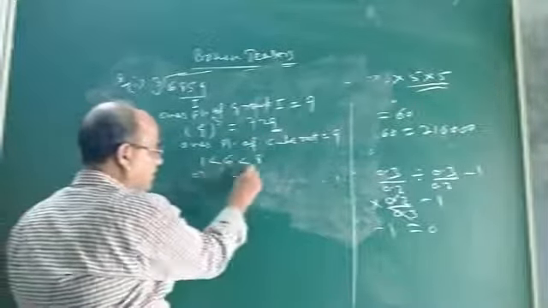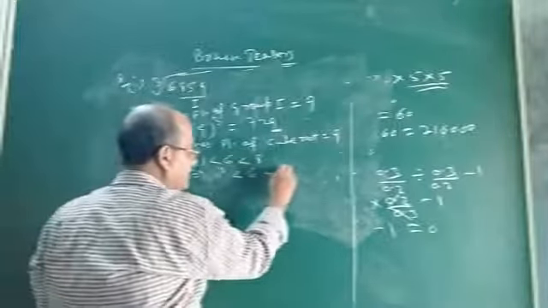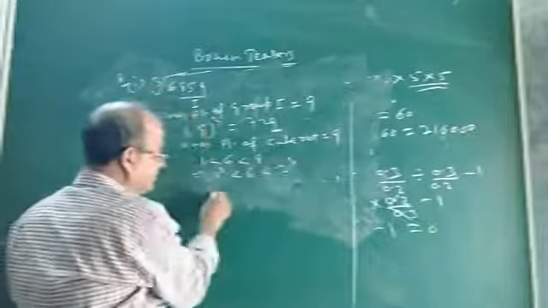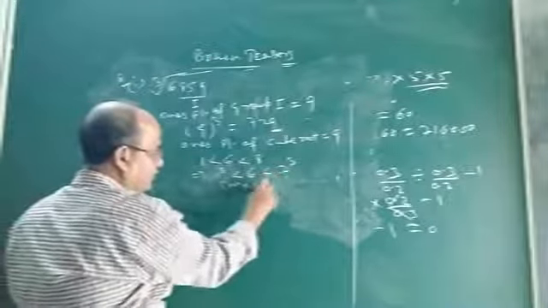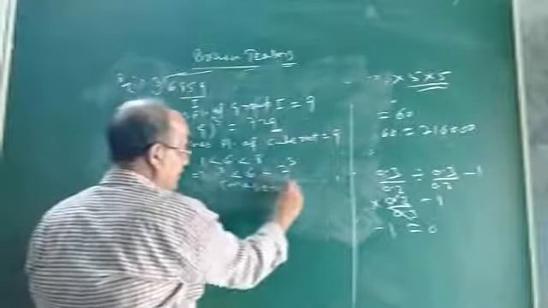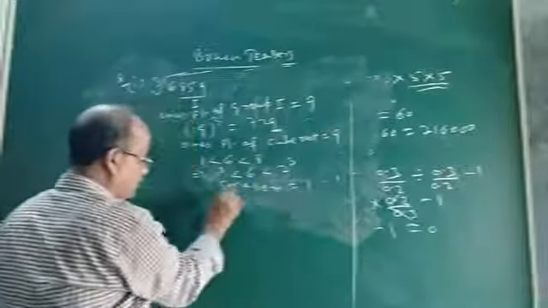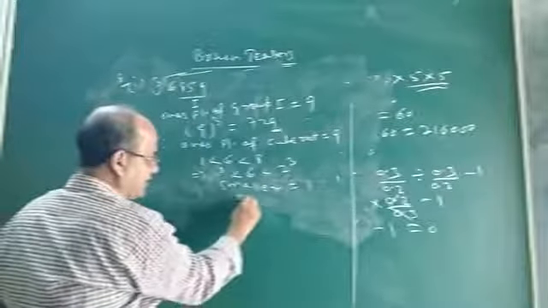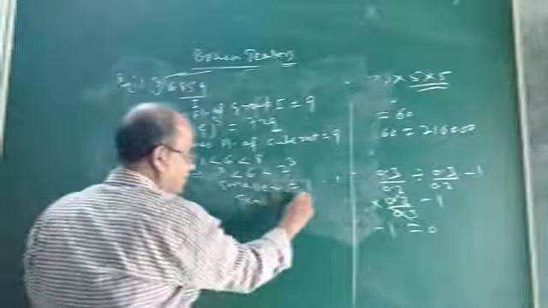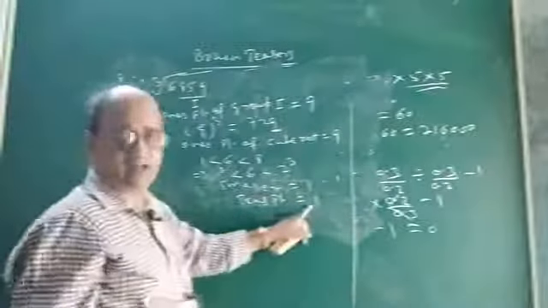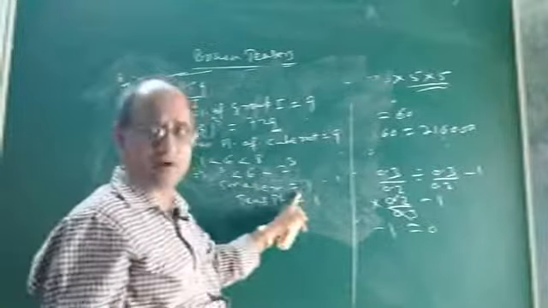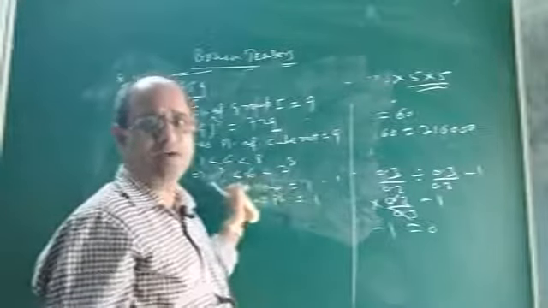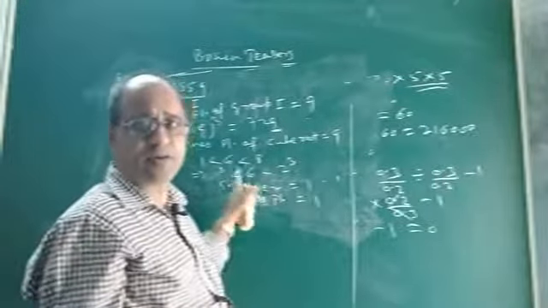That means 1 cubed is less than 6, which is less than 2 cubed. Which is smaller? The smaller of 1 and 2 is 1. Therefore, the tens place will be equal to 1. The tens place of the cube root will be 1 because the smaller of 1 and 2 is 1.